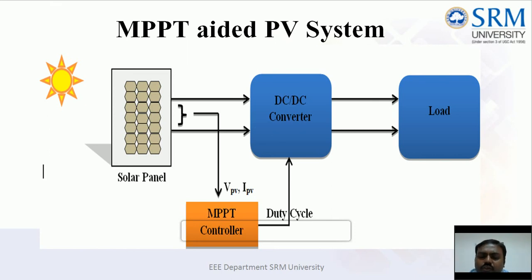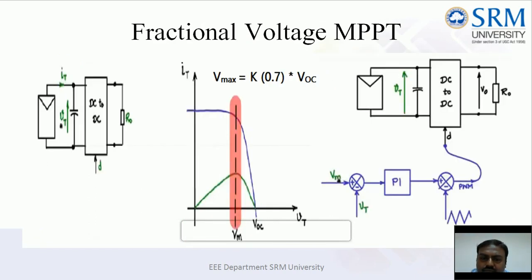And there are numerous MPPT techniques available. Each has its own merits and demerits depending upon the application, depending upon the complexity involved in execution. So a lot of nuances are involved in framing an MPPT algorithm. So let me explain a typical MPPT algorithm called the fractional voltage MPPT algorithm, which is a classical MPPT algorithm.